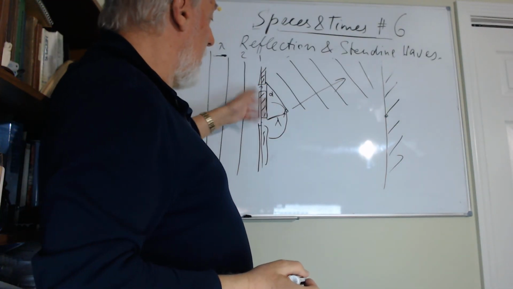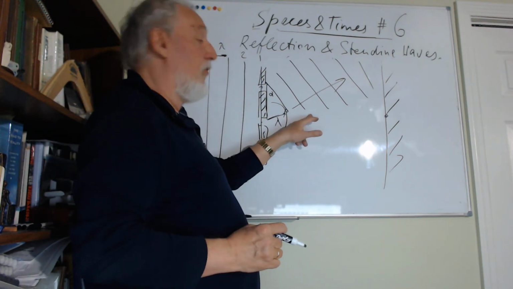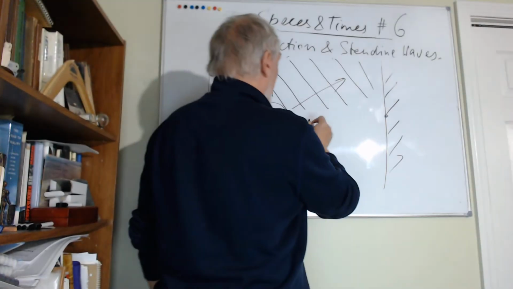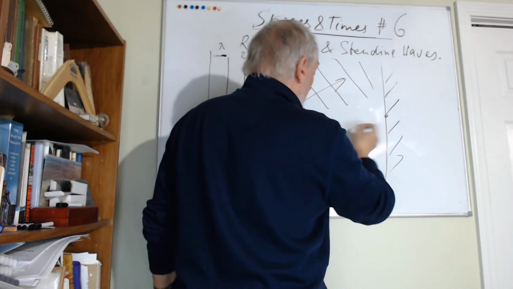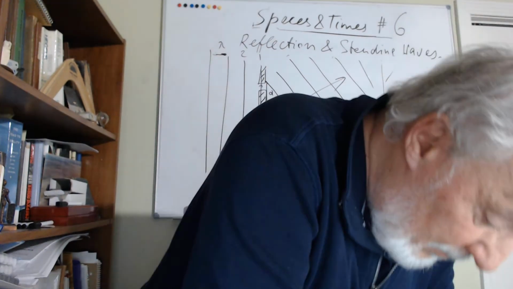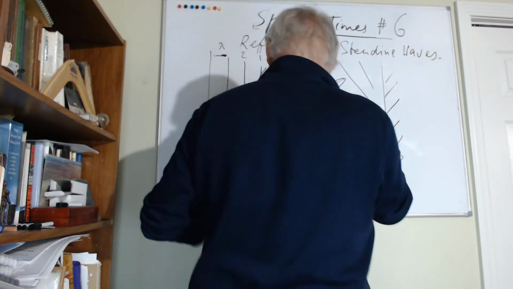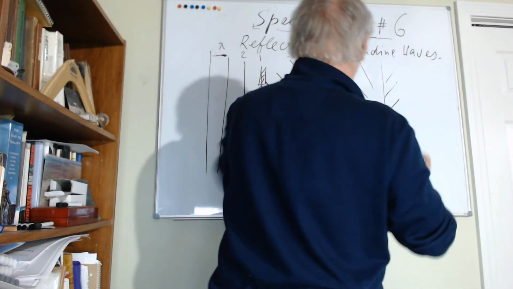The only thing you have to do is make sure this is in phase, or delta phi should be 0 or 2 pi, or whatever. The difference may be just lambda.